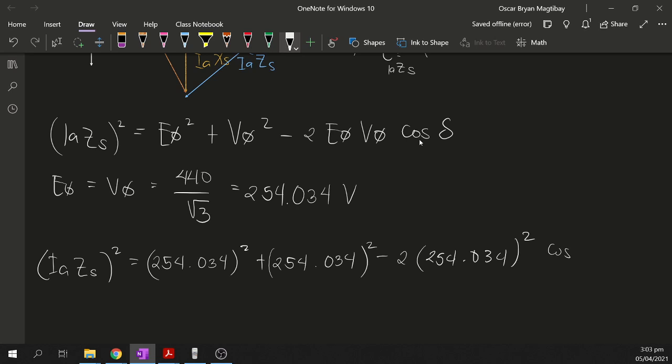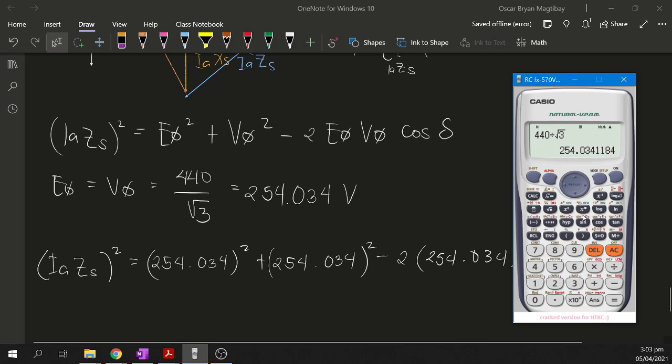Cosine, what is our sigma? Cosine 7. So this is squared plus squared, plus answer squared minus 2 times answer squared times cosine 7.